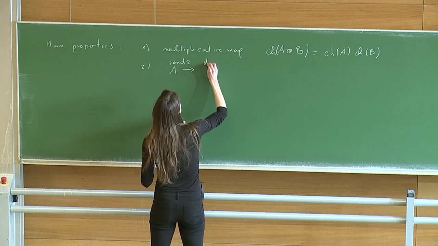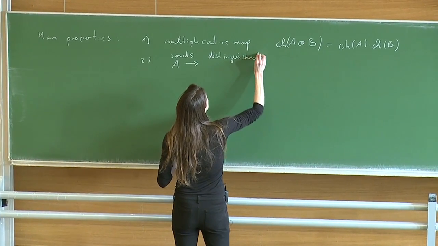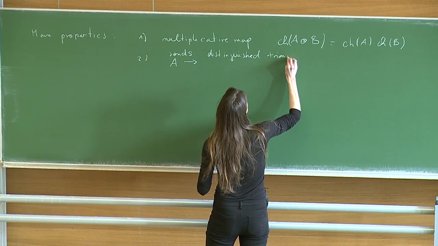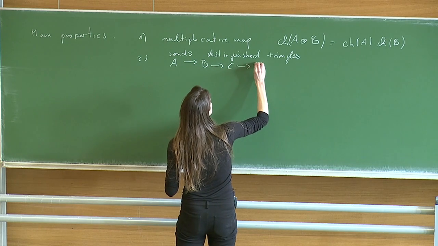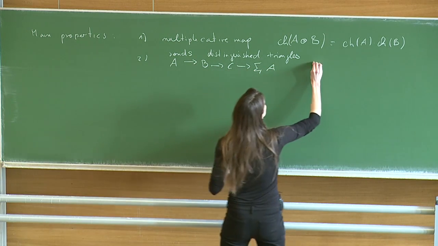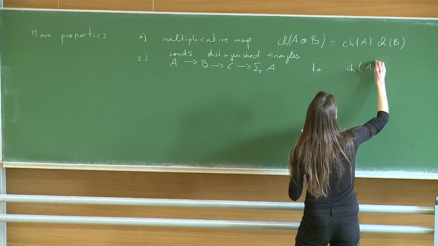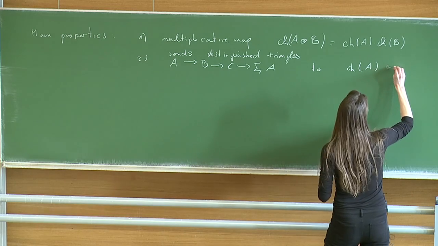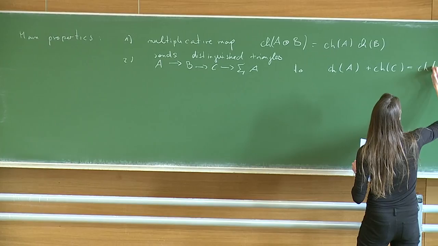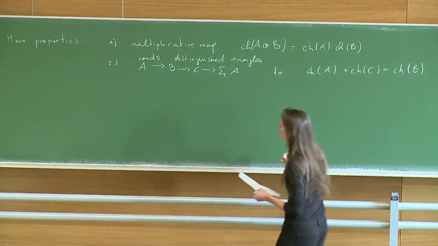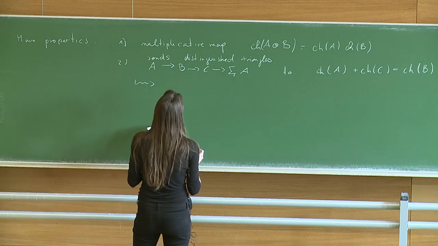So it sends distinguished triangles A to B to C to the suspension of A, to something that satisfies the following: the Chern character of A plus the Chern character of C is equal to the Chern character of B. This means, in particular, that the Chern character factors through K theory.